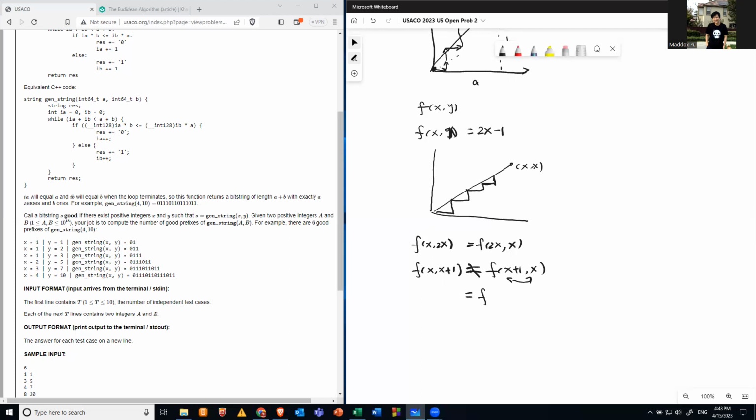But this thing you find out equals 1 plus f(x+1)... or you can find it out equals f(x, 1) plus 1.